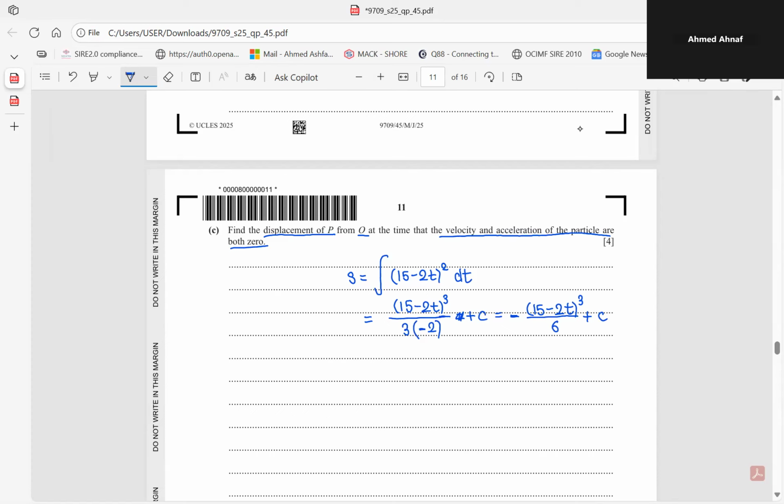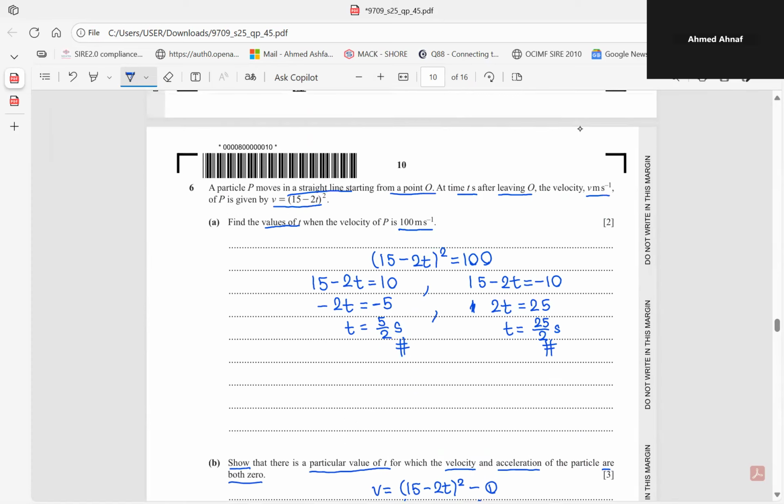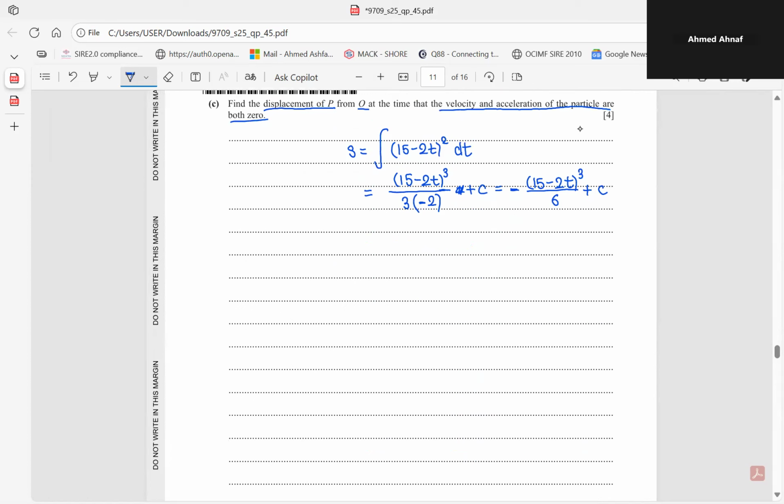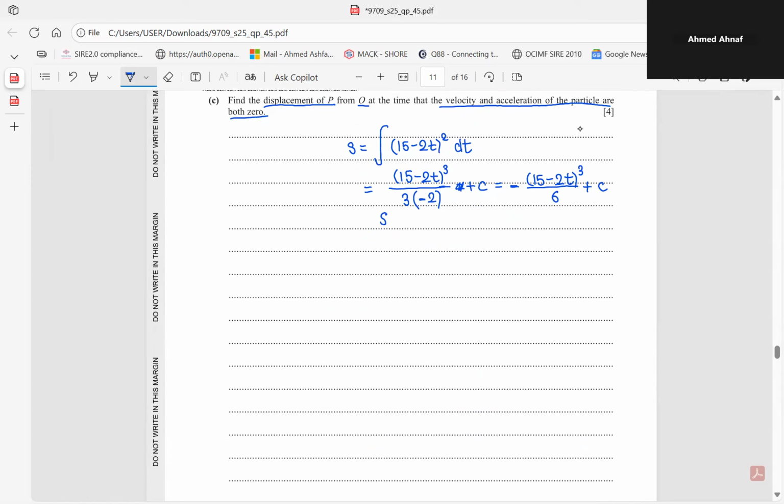To find c, we're going to substitute s equals 0 and t equals 0, because that's what they told us in the question.